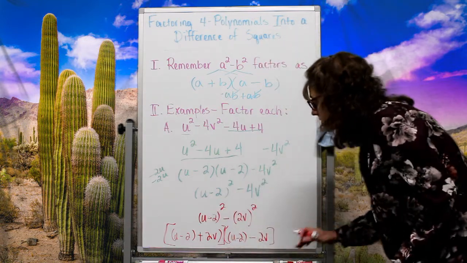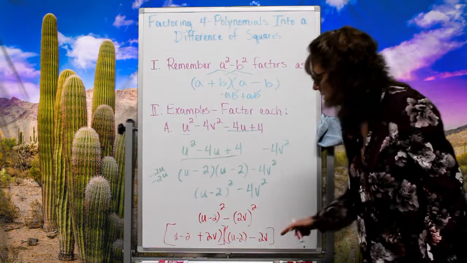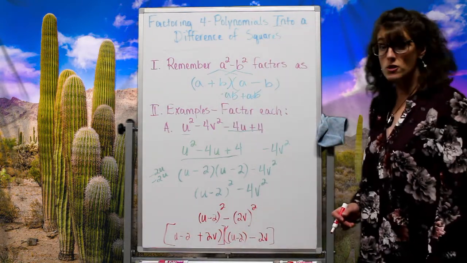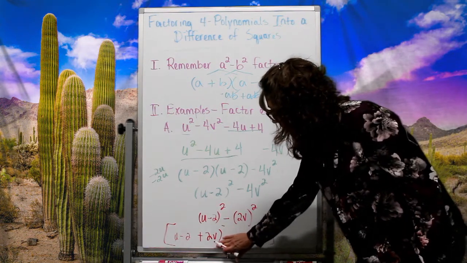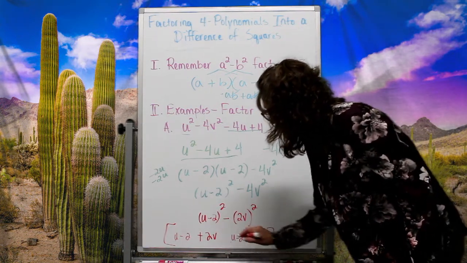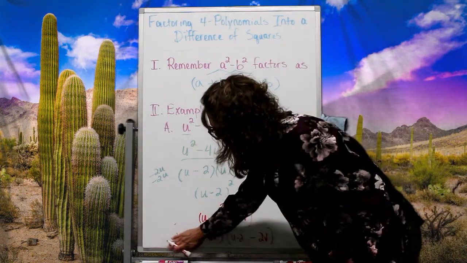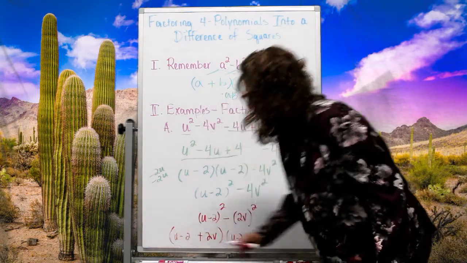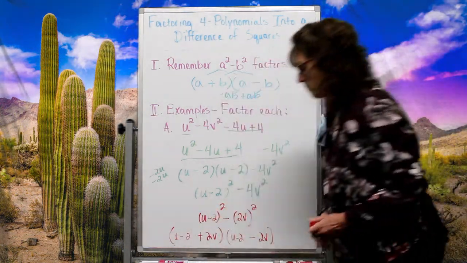And the same thing in this bracket: it's really just a u minus 2 minus a 2v. So I could just leave out the parentheses there and call it a u minus 2 minus a 2v, and then the same thing could happen right here. So I don't necessarily need the brackets. The only reason I put them there was to illustrate that where I got this part was from that parentheses.